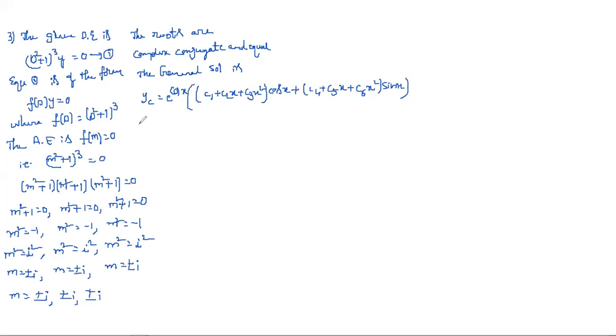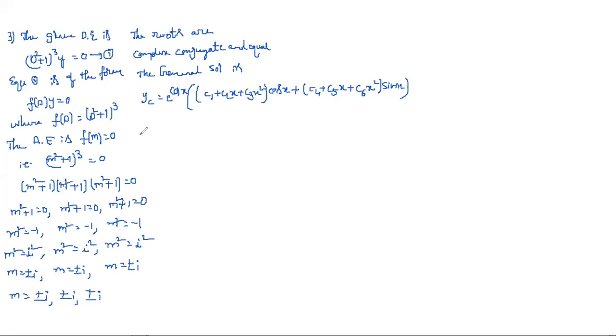Okay, so this is the complementary function. e power 0 is nothing but 1. Therefore, yc is equal to c1 plus c2x plus c3x square into cos x plus c4 plus c5x plus c6x square into sin x. The roots are complex conjugate.